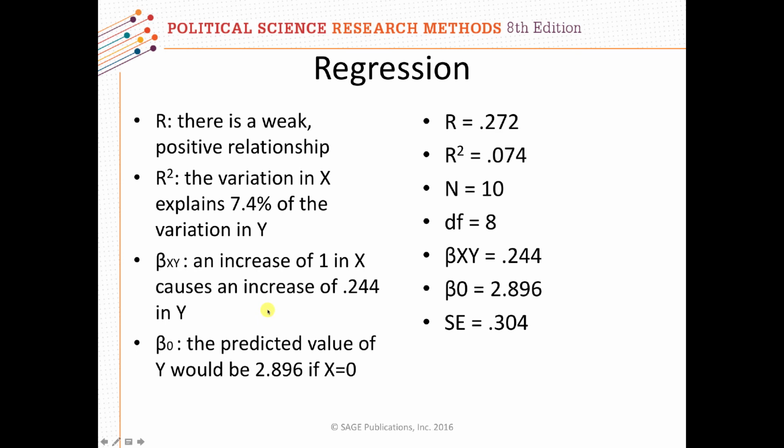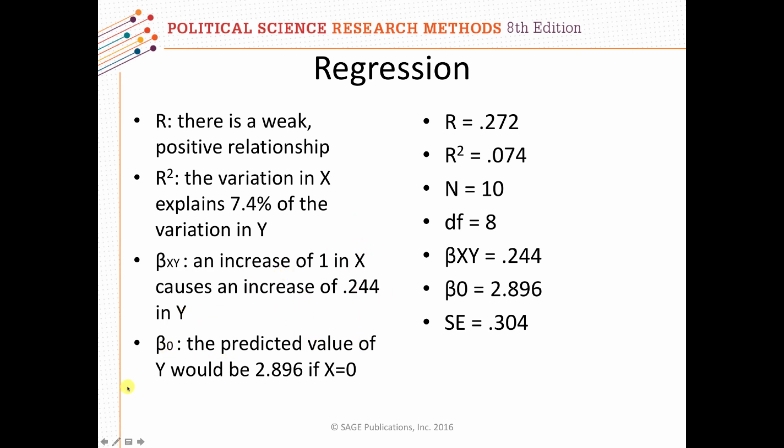So this is where your unit of analysis becomes very important. You want to talk about these findings in the measure of the variable. So if we're talking about, for every 1% increase in the approval of the presidential candidate, they receive an additional 0.244% of the vote, something like that. You have to talk about it in the nature of the variable.